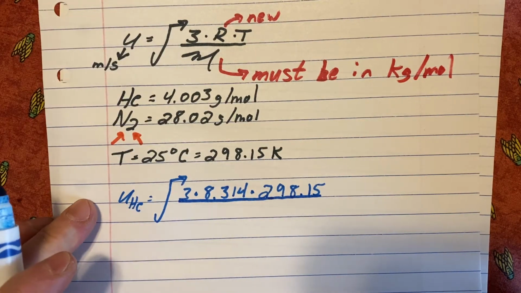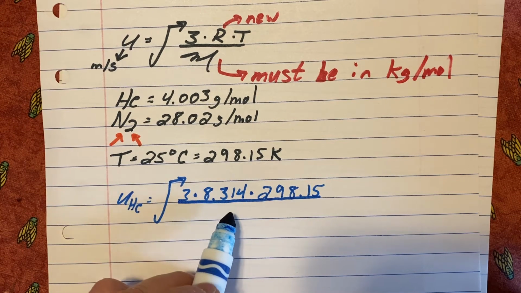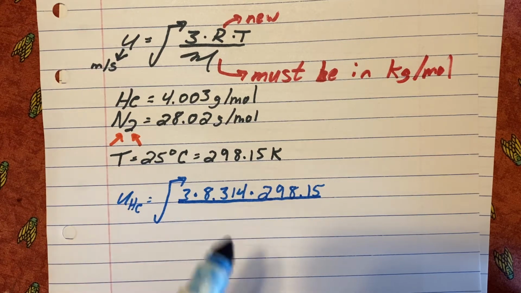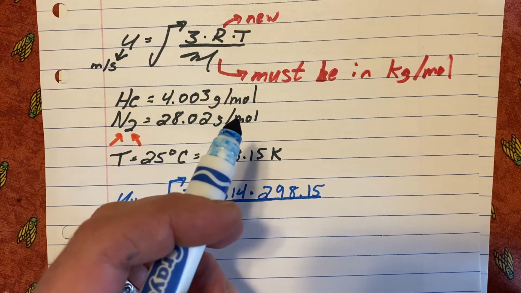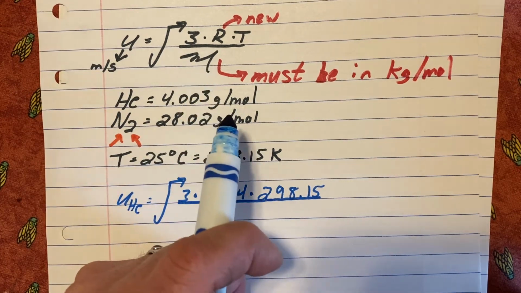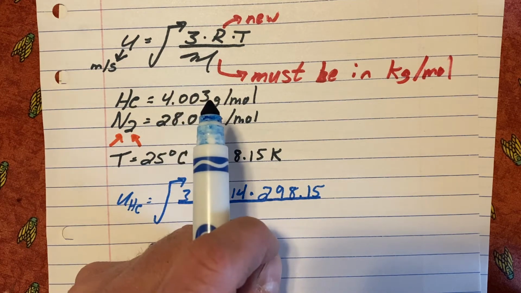But remember, because we're using this different R, my gram formula mass has to be in kilograms per mole, which is why we like the metric system, because we have to convert grams per mole into kilograms per mole, which is silly. Not really. When you go from grams per mole to kilograms per mole, all you have to do is move the decimal place to the left 3 times.